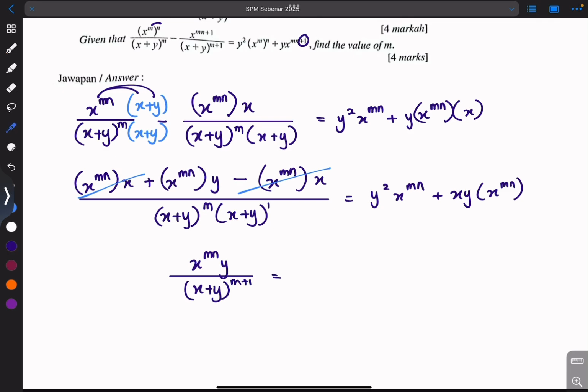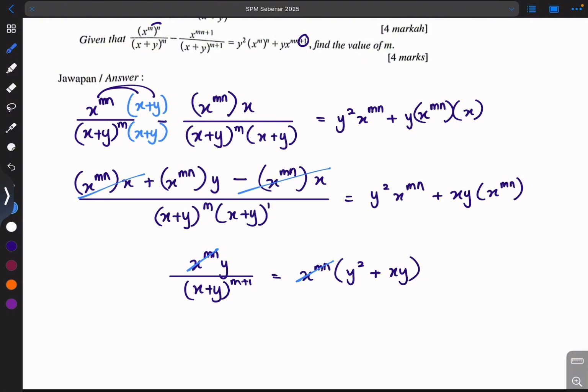Over here, over the right side, we can factor out the x^(mn). We'll be left with y square plus xy. Okay. Now what we can do is, since both sides got x^(mn), we can cross this off also.